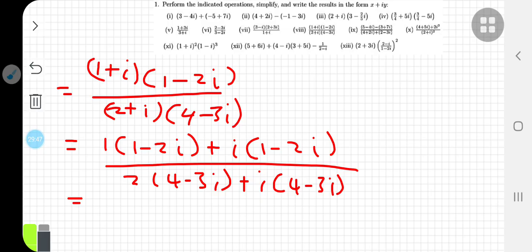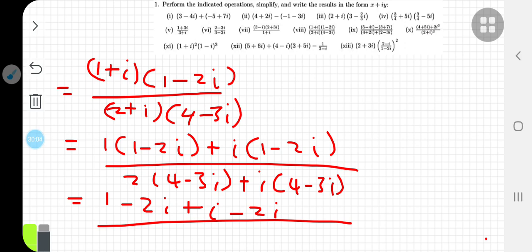And I'm going to have 1 minus 2i plus i there, minus 2i squared. Down part I'm going to have that is just 8 minus 6i, then plus 4i, and minus 3i squared.